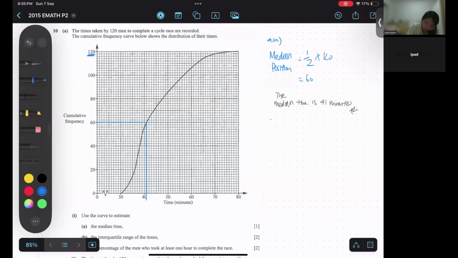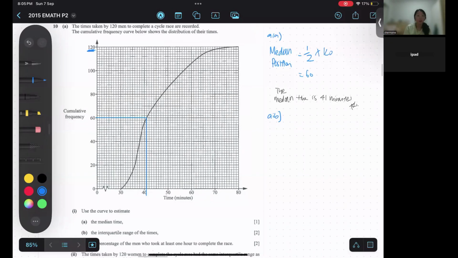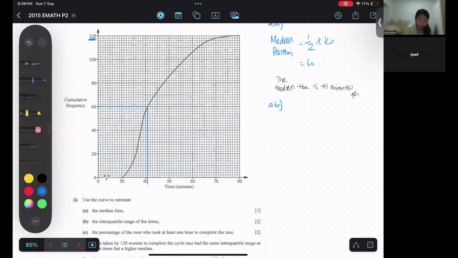AIA, AIB. Okay, interquartile range of the times. So interquartile range refers to the range between 75% and 25%. So let's find the 75% and 25%. So upper quartile, we have 120.